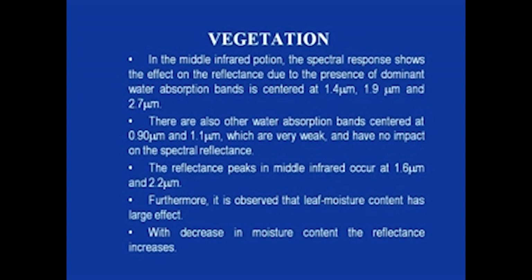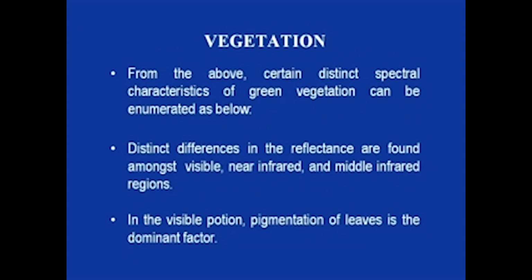The reflectance peaks in the middle infrared occur at about 1.6 micrometers and 2.2 micrometers. Further, it is observed that the leaf moisture content has a large effect. With decrease in moisture content, the reflectance increases. So, from the above, certain distinct spectral characteristics of green vegetation can be enumerated as below.